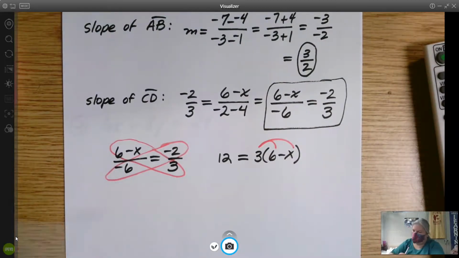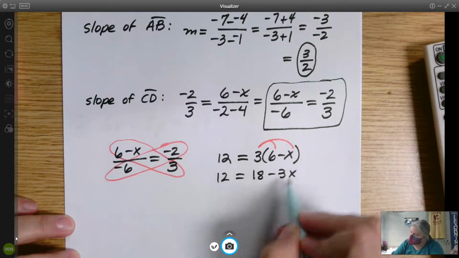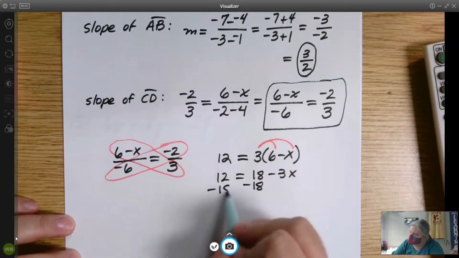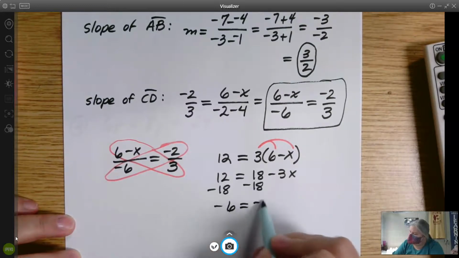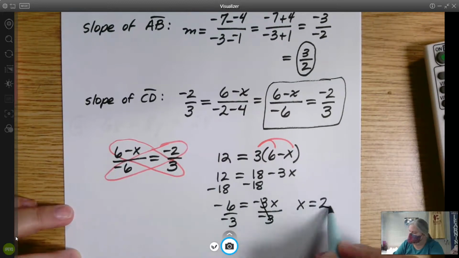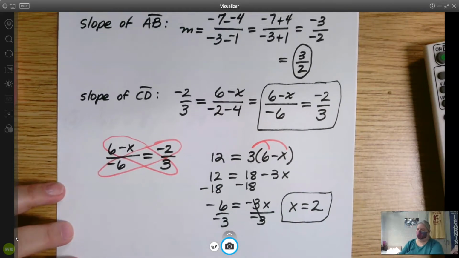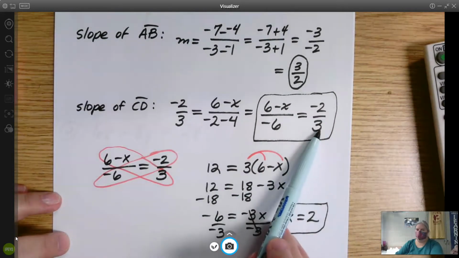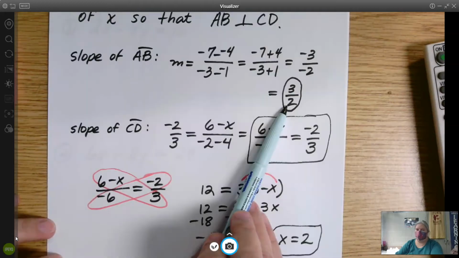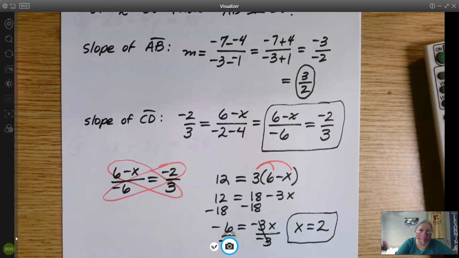That gives me 12 equals 18 minus 3x, and I get to solve this equation. My answer is that x has to be 2. When x is 2, the slope will give me -2/3, and that will be perpendicular to segment AB. Hope that helped. See you next time.